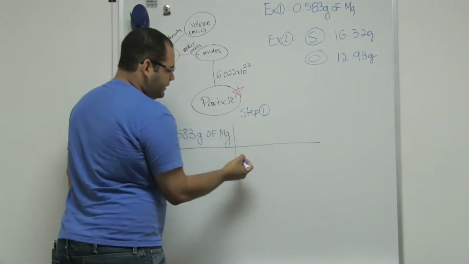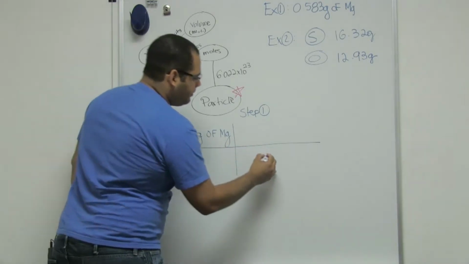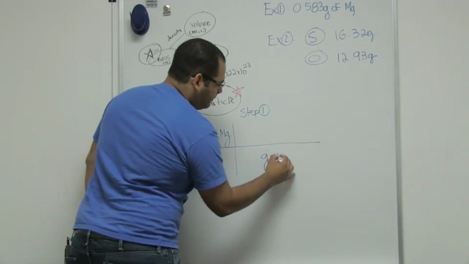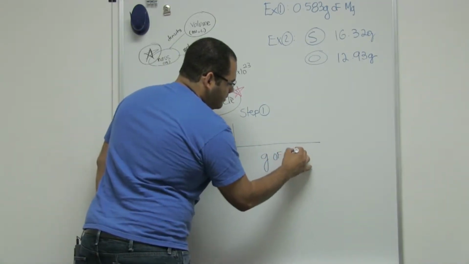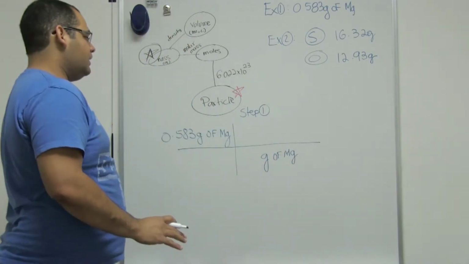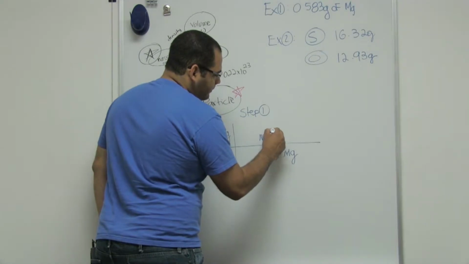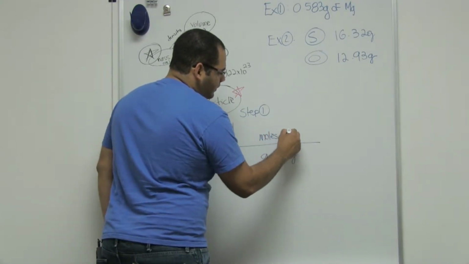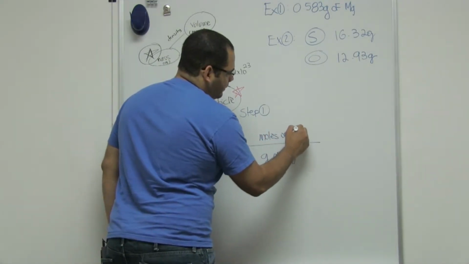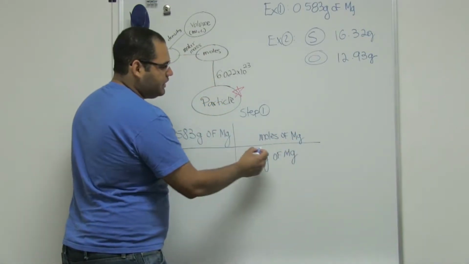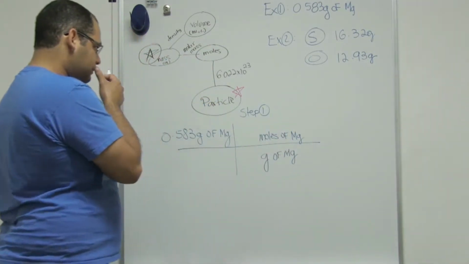I know that with grams in the top, I need to have grams in the bottom, so grams and grams can cancel out, and I end up having moles.